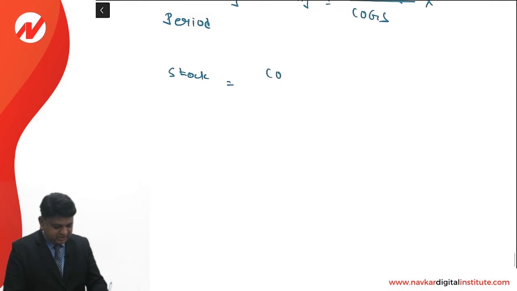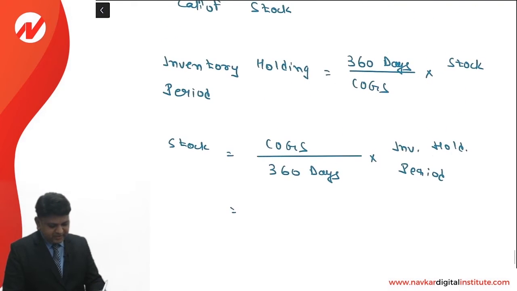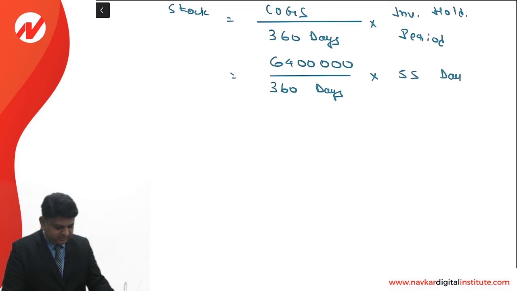Stock is equal to COGS upon 360 days into inventory holding period. COGS is provided to us in the example, an amount of 64 lakhs divided by 360 days into inventory holding period 55 days.